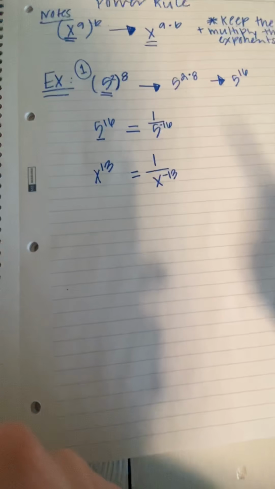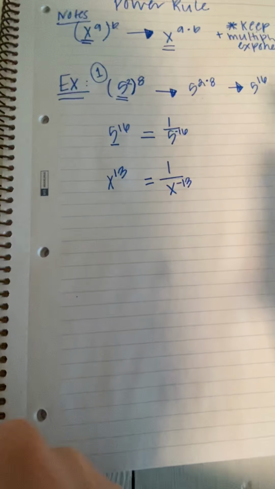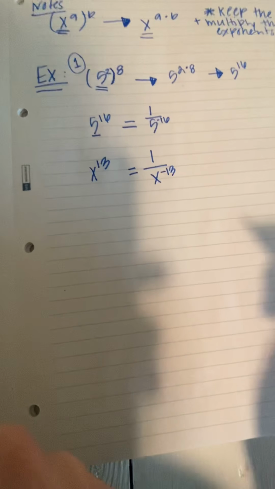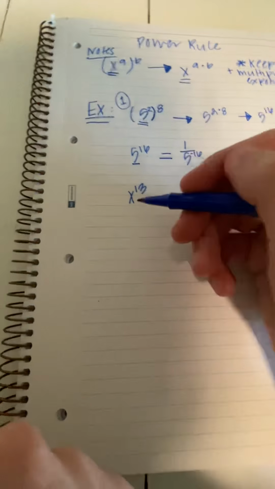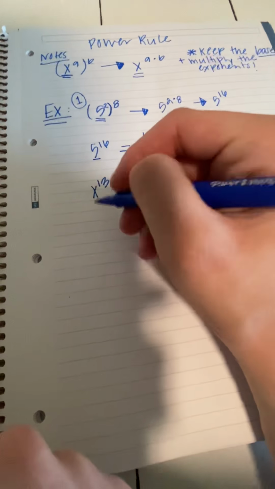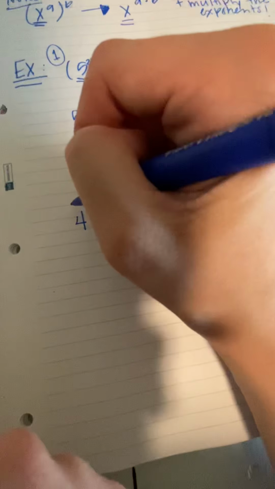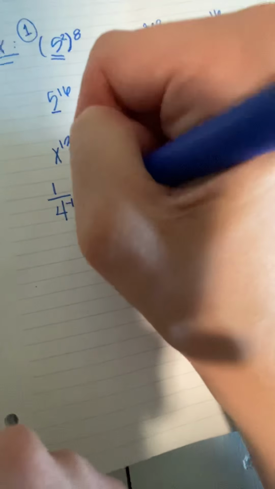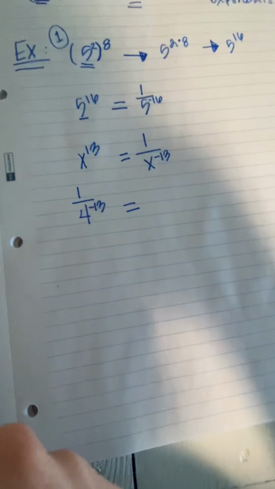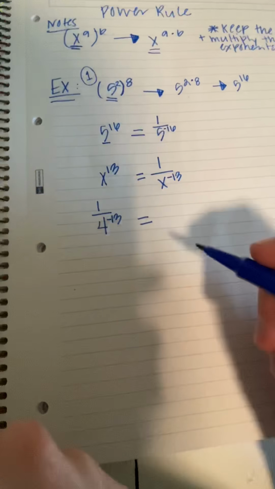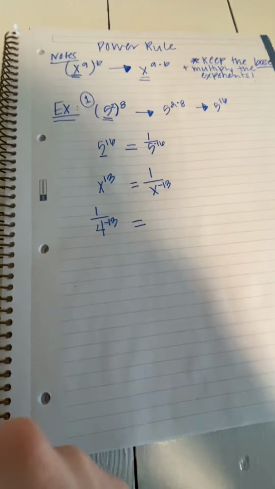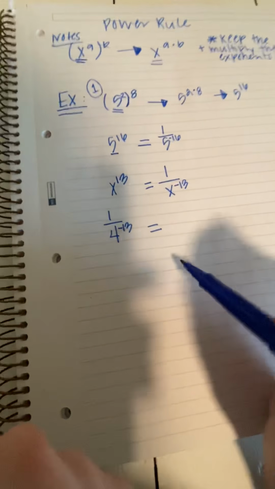Again, I'm going to show you just a little different scenario. If I did 1/4 to the negative 13th power, and I said, tell me an exponent that's going to be equivalent to this scenario, you just do the opposite.